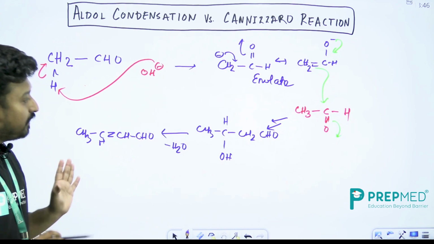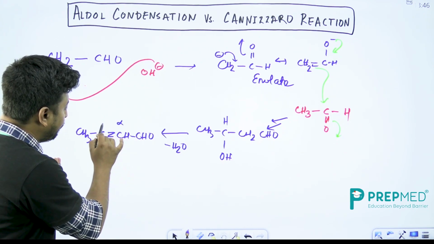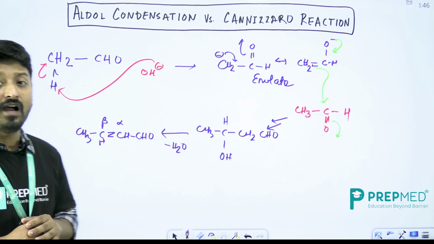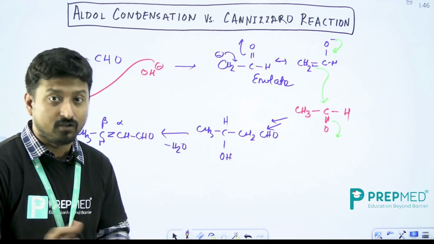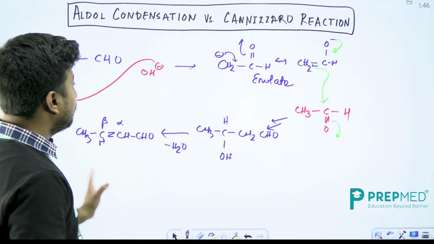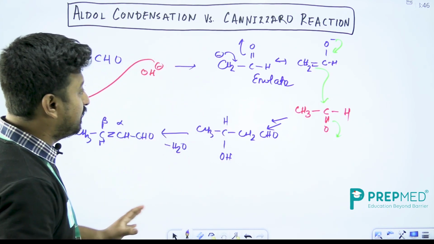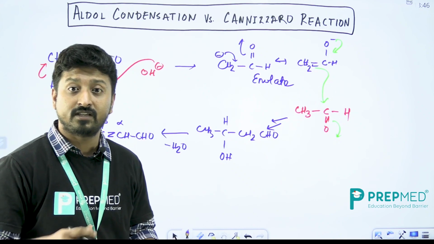This molecule is called an alpha beta unsaturated carbonyl compound, which is the final product of the aldol condensation. This is the overall pathway of how an aldol condensation reaction proceeds.